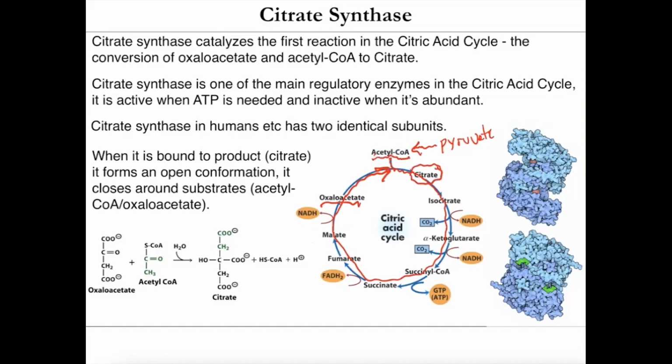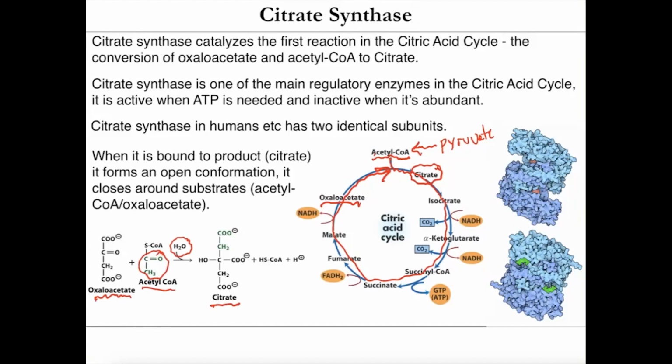So citrate synthase is the enzyme that catalyzes this specific reaction. So it combines oxaloacetate and the carbons from acetyl-CoA to form the 6-carbon molecule citrate. So we have a 4-carbon molecule oxaloacetate here. We have these 2 carbons in acetyl-CoA right here, and they'll be combined in a condensation reaction, which is an enzymatic reaction involving the use of water to form the 6-carbon molecule citrate.